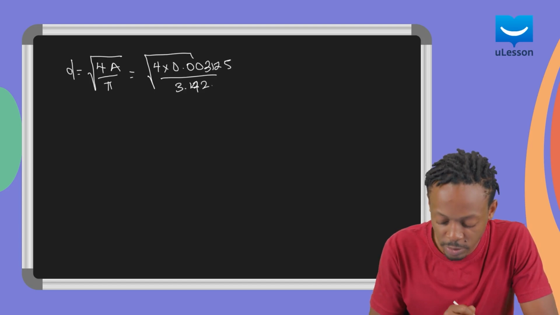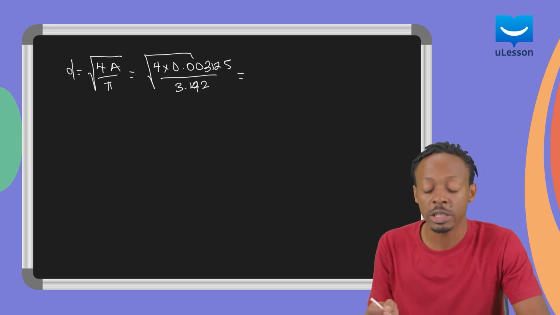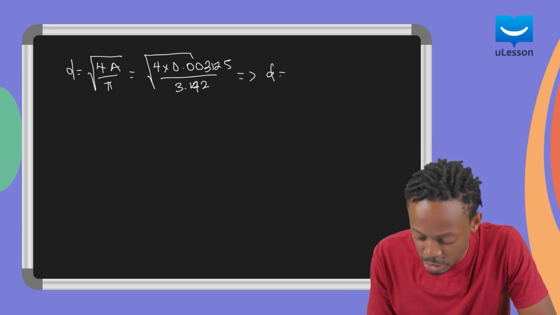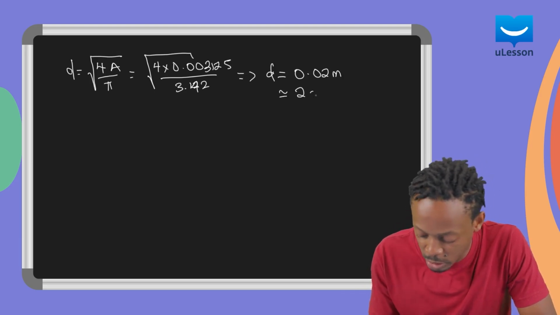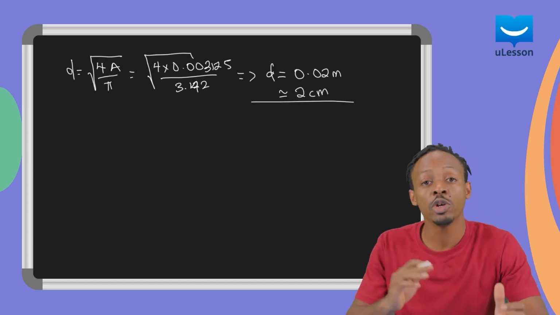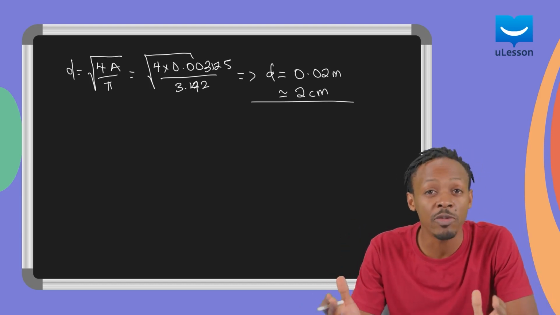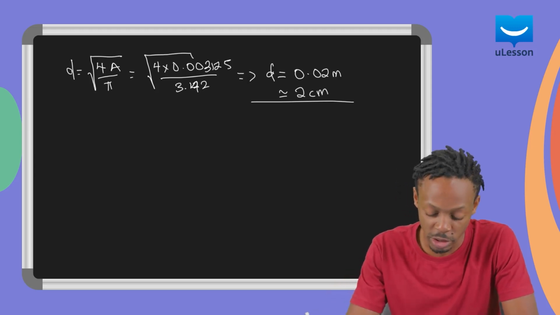Okay, let's use that value for pi, and we'll get the diameter of this pipe should be just about 0.02 meters, which is about 2 centimeters. So we've answered the first part of the question. We know the diameter of pipe that the plumber should install to get that exit velocity.